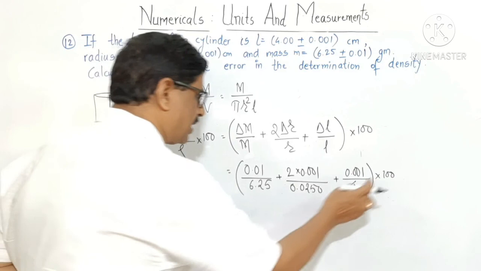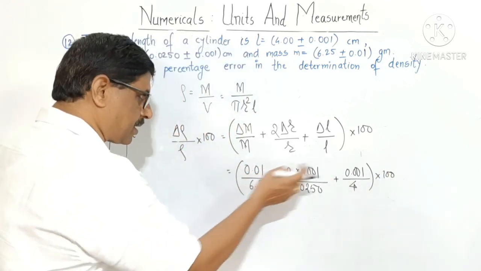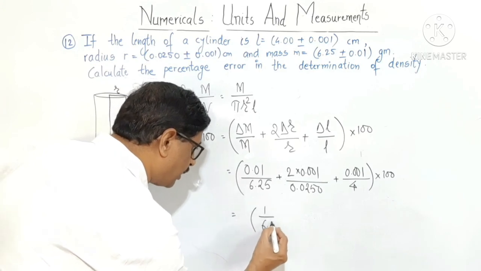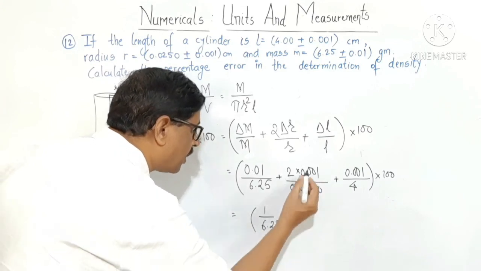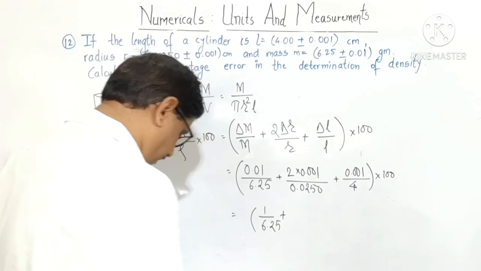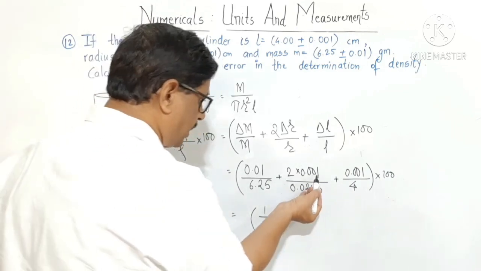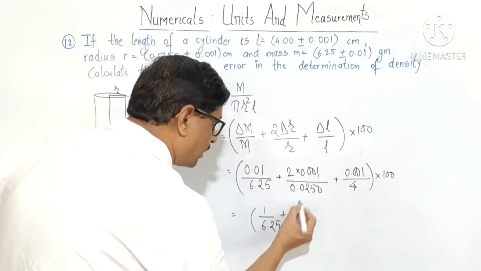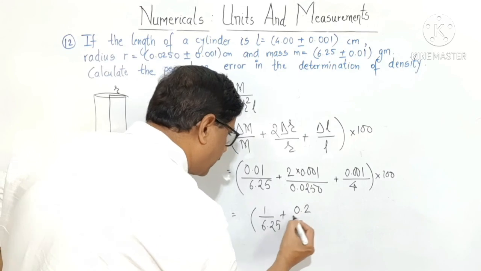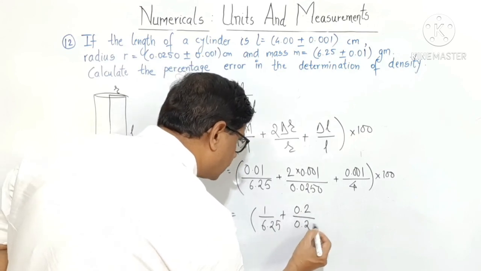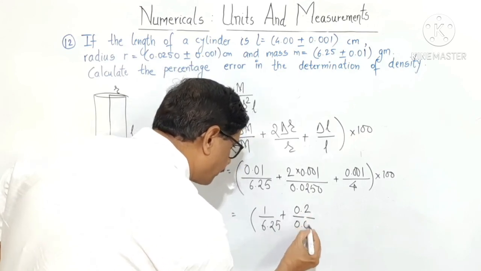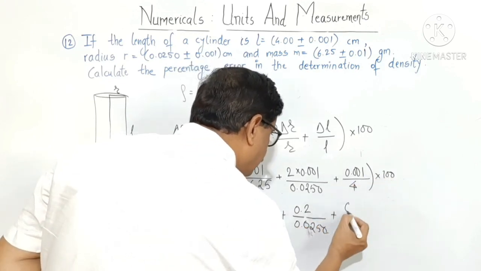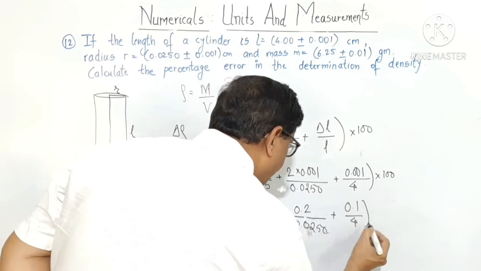Now I will multiply by 100 here. You will get 1 divided by 6.25. Then 0.001 into 100 is 0.1, and into 2 it is 0.2 divided by 0.0250, plus 0.1 divided by 4.